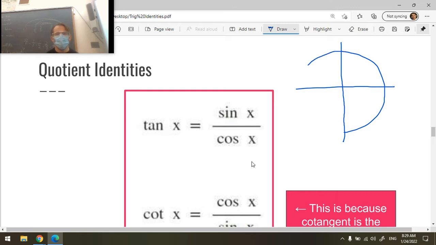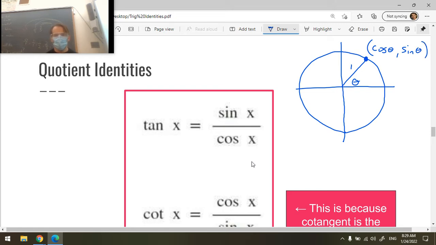It so turns out that the value of any point on this circle, if this is a radius 1, and this is angle theta, then this point will be given by cosine of theta, comma, sine of theta.